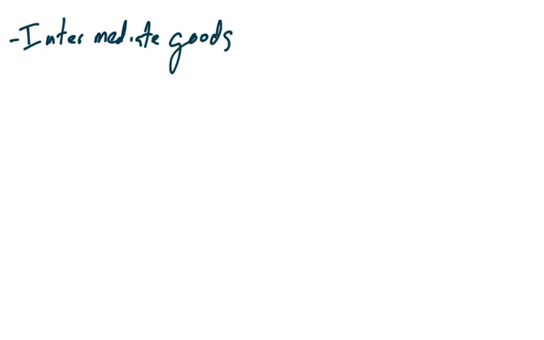Another thing we are not going to count are intermediate goods. And now I know what you're asking. What is an intermediate good? Think of it as when you're purchasing a car and that car has a stereo. You're not going to buy the car and then pay for the stereo.